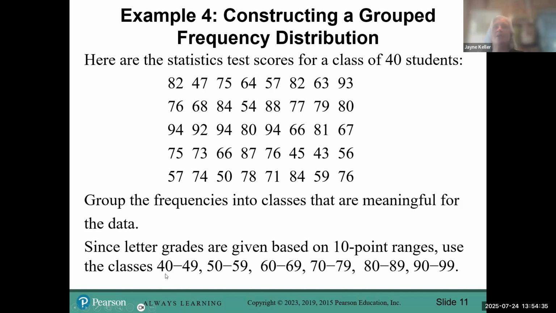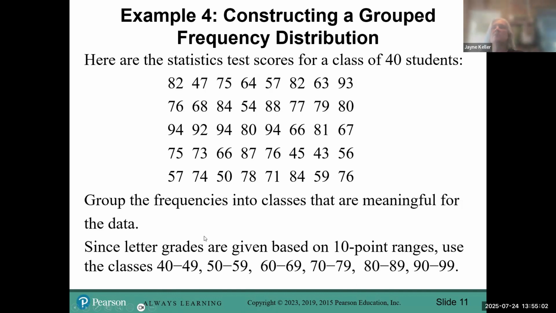And how do I pick what those groups are going to be? Like, how did I pick 40 to 49? It depends on the range of the data, and it depends on what the data is that I'm studying. So this is an example of test scores, and normally 90 to 100 would be an A, 80 to 89 would be a B, and so forth.